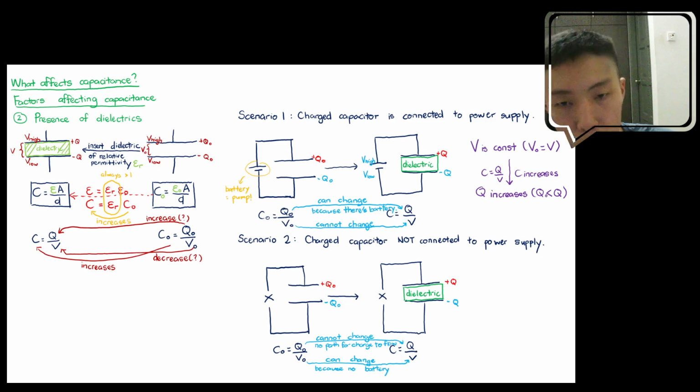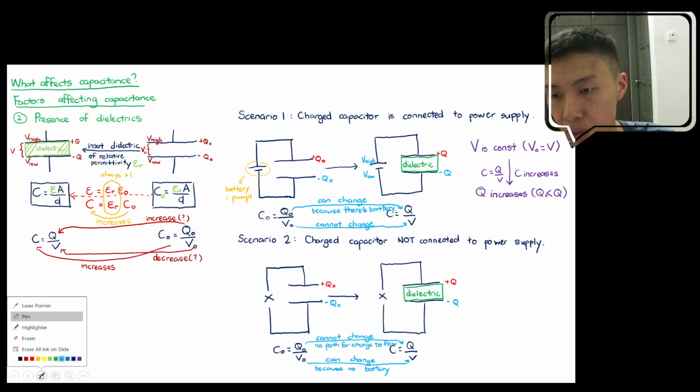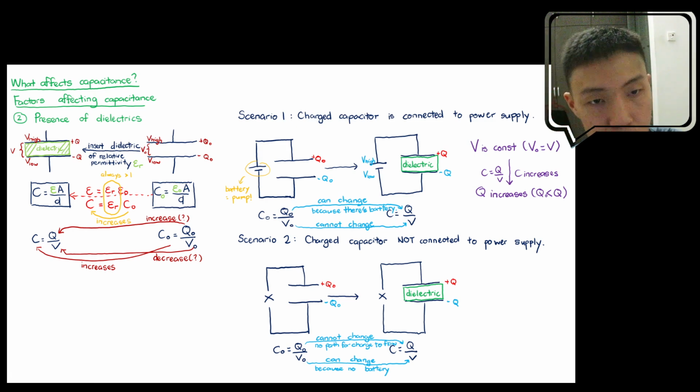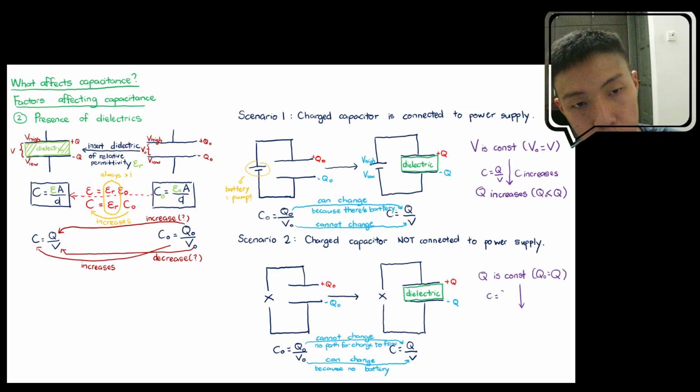Okay, so knowing this, we can make some kind of prediction. If right now Q is the one that's constant, that means Q without dielectric is the same as Q with dielectric. Knowing the fact that C is equal to Q over V, and C must increase as you insert a dielectric, you should come to the conclusion that V is the one that must change.